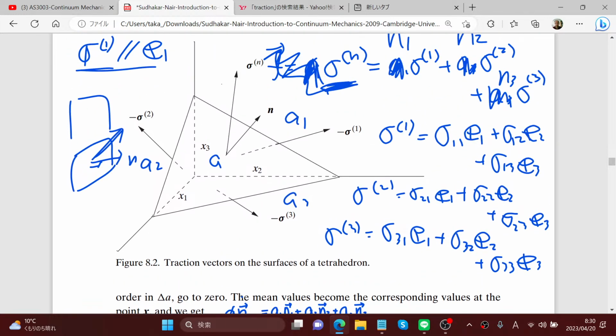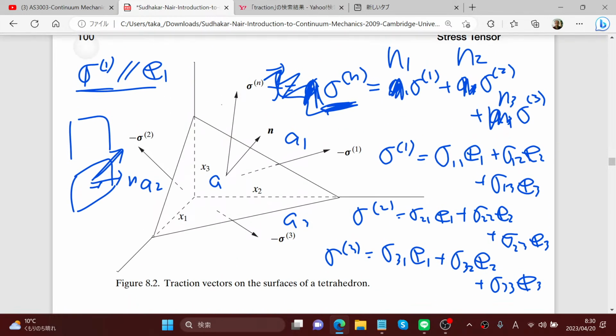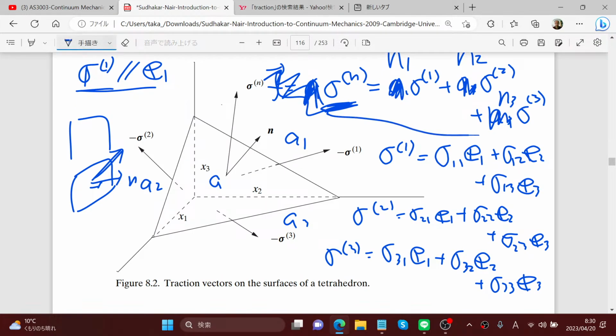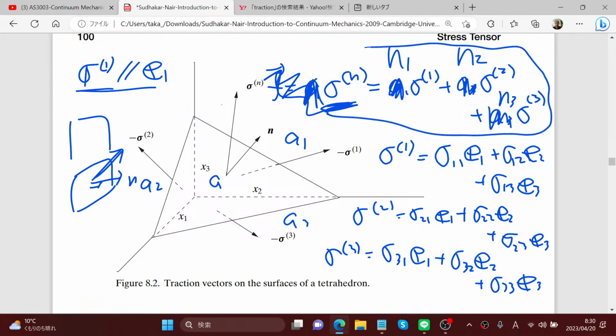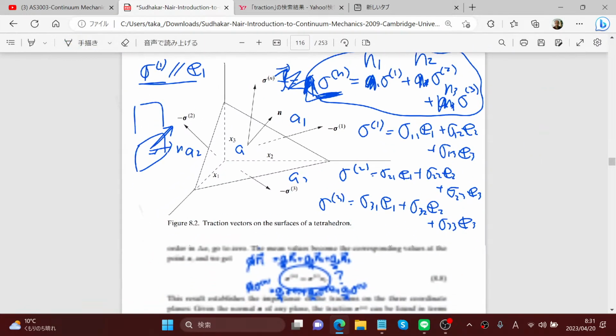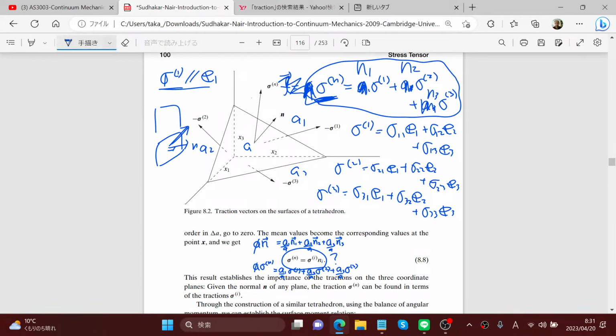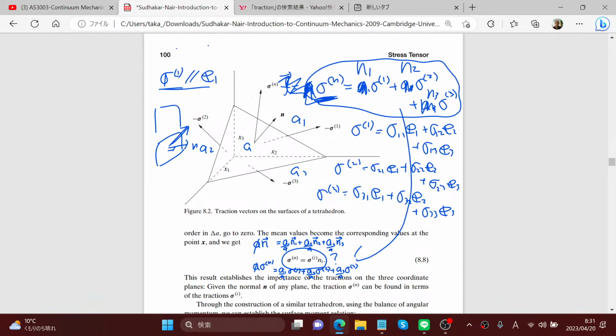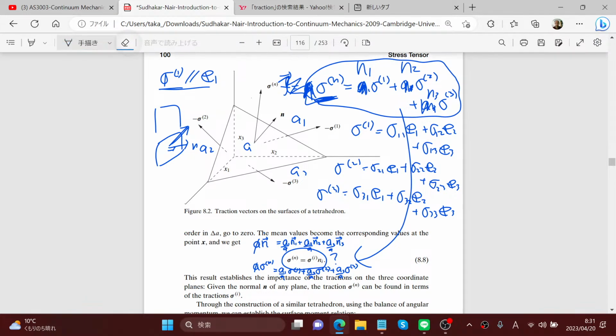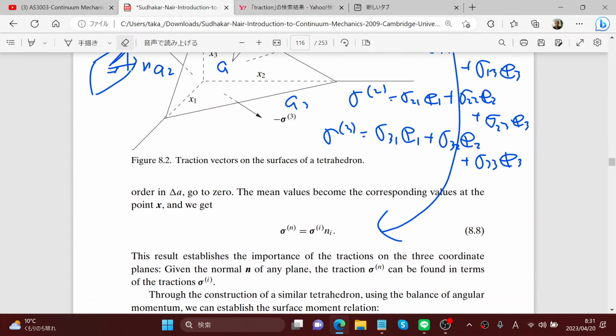So this is the same. What I write here is exactly the same. This thing is the same as this.